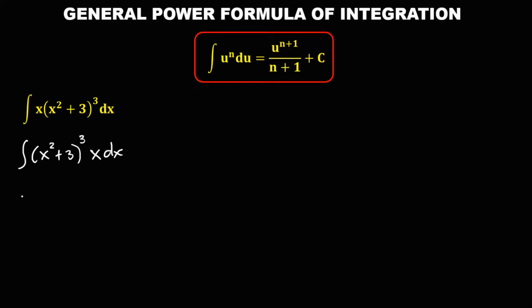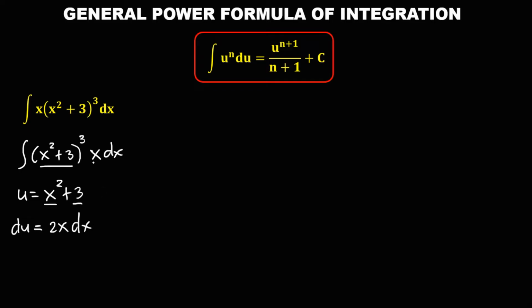Then from the u substitution, u equals x to the power 2 plus 3, and du, or the derivative of u. Since the derivative of x squared is 2x, and the derivative of a constant is 0, du is 2x dx.